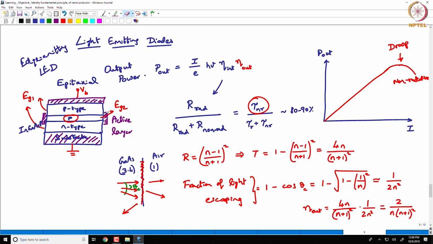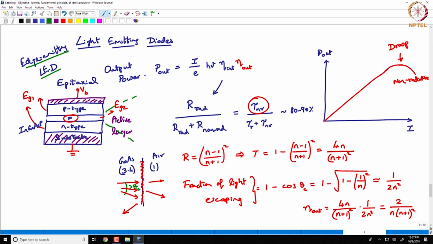I was actually explaining this from a different context. For an LED, you do not have mirrors on either side. So, the light emission is likely to happen like this. Okay. So, since it's emitting from the edge of that structure, we call this an edge emitting LED.